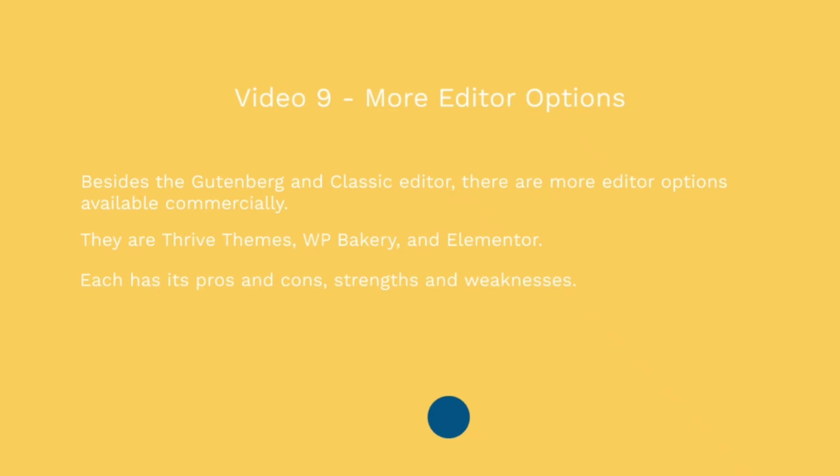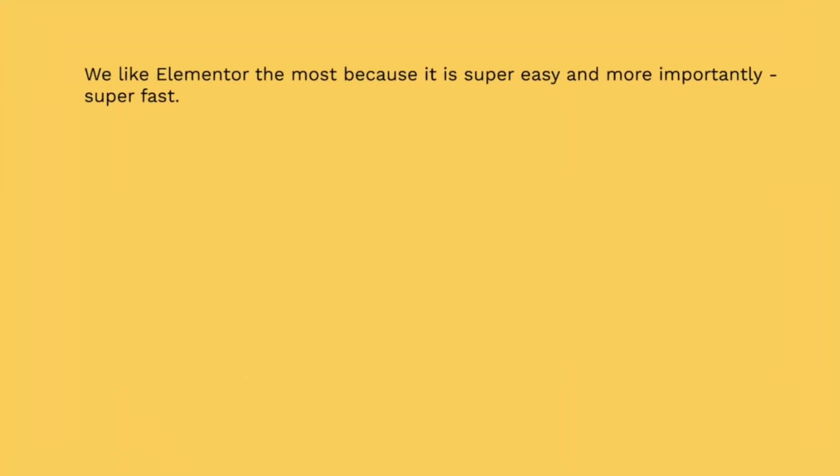You saw Gutenberg. Most of these are very similar to Gutenberg and they utilize blocks, but they just look a lot nicer and they have a lot more options. So that's really the main difference. We like Elementor the most because it's super easy and, more importantly, super fast.